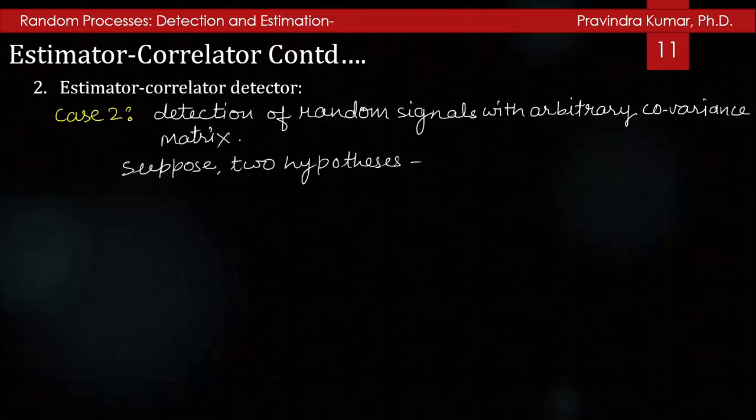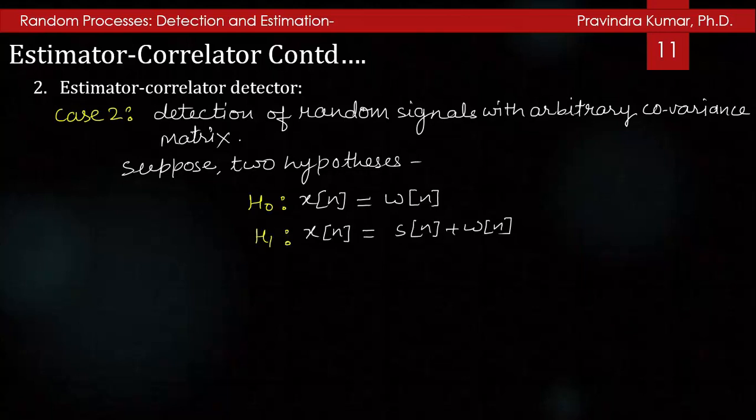Let the two hypotheses be: H naught corresponds to x[n] equal to w[n], meaning under hypothesis H naught there is no signal, only noise is present, and under hypothesis H1, x[n] is s[n] plus w[n], where n is equal to 0, 1 to N minus 1.